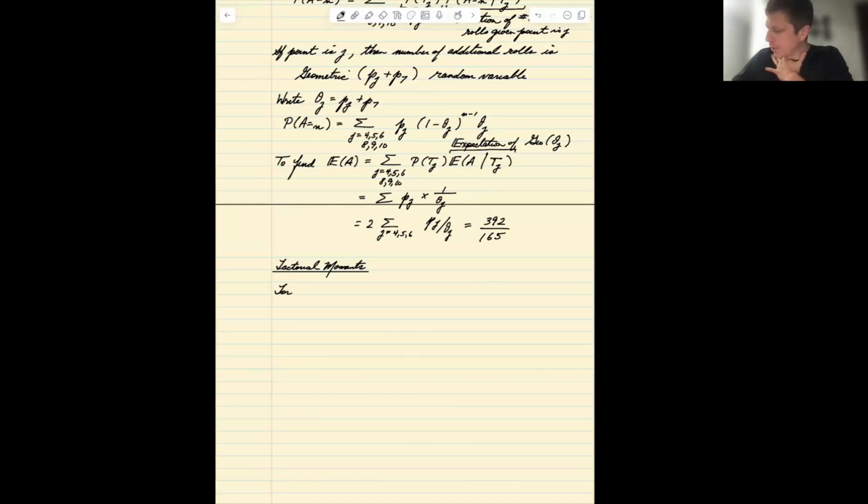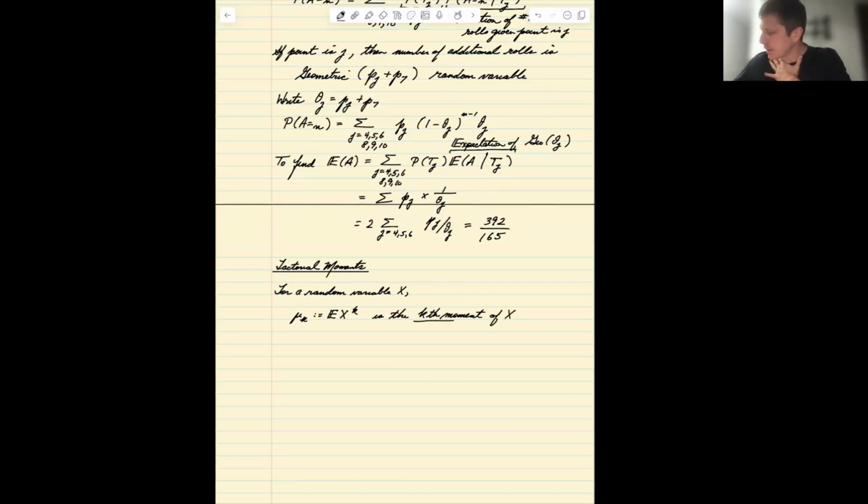So for random variable x, let's define mu sub k to be the expectation of x to the power k. This is called the kth moment of x.